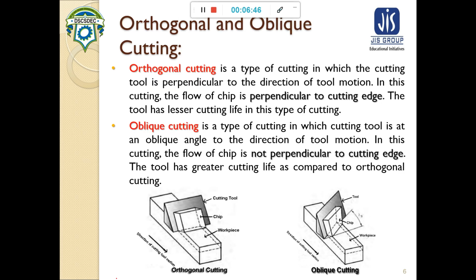Now we will see about orthogonal cutting and oblique cutting. In orthogonal cutting, what is done? The cutting tool is kept perpendicular to the direction of the tool motion, or tool feed.